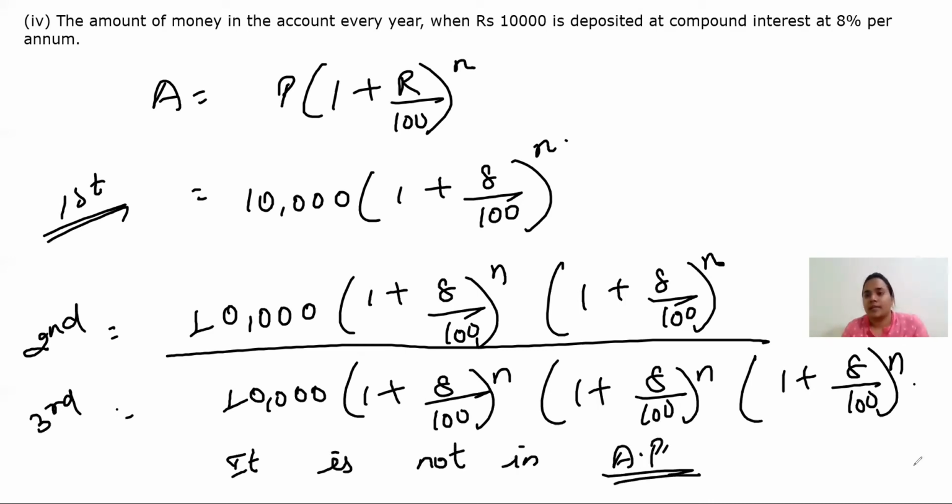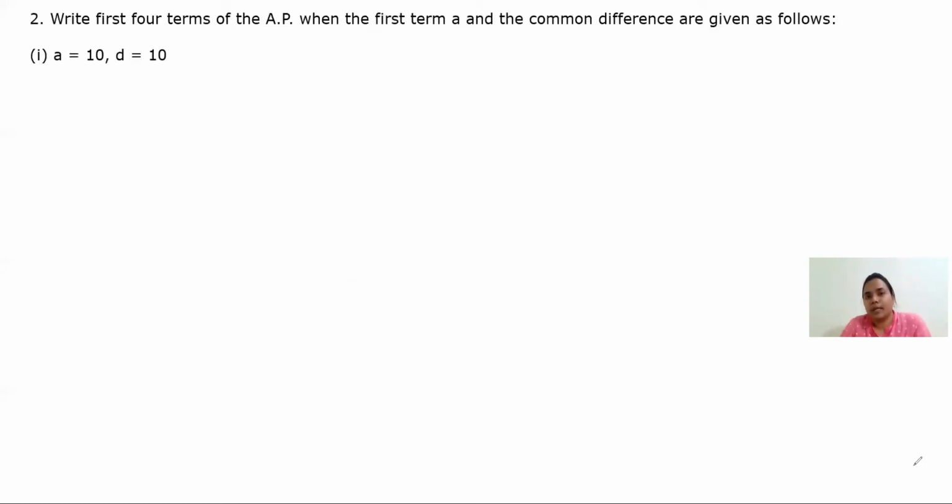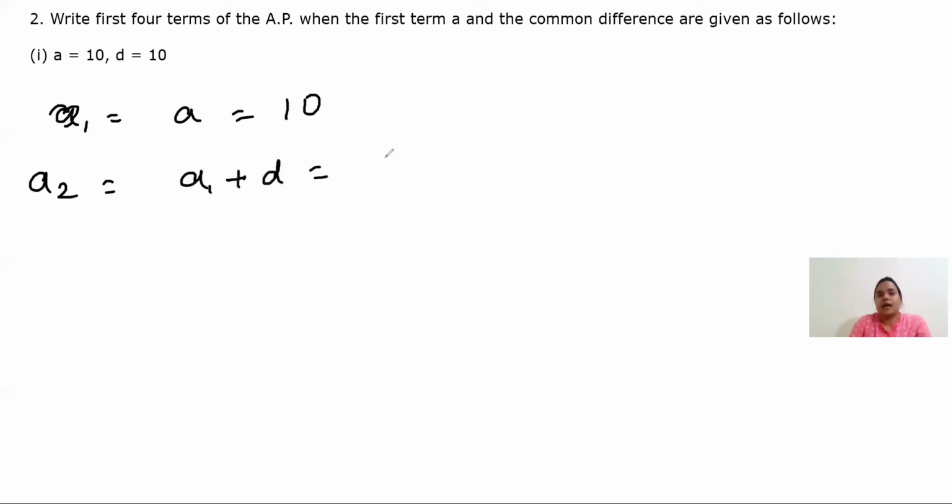Fine. Let's move to the next question. Write the first 4 terms of the AP when the first term A and the common difference D are given as follows. A is 10, D is 10. Very easy question. A1 is equal to A, that is 10. A2 is A1 plus D, that is 10 plus 10, 20.